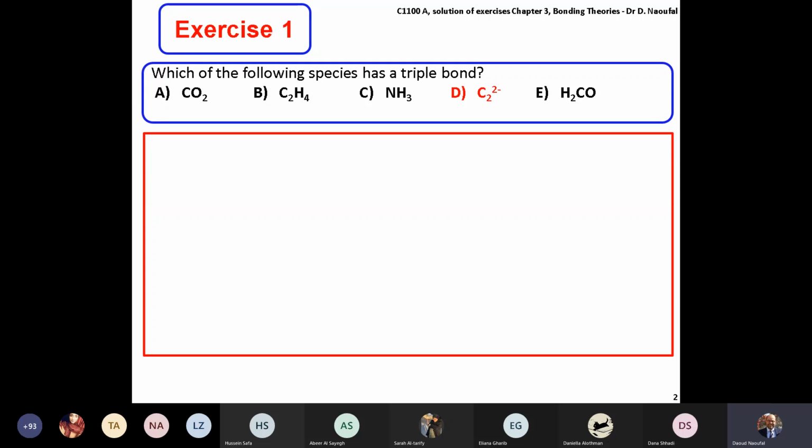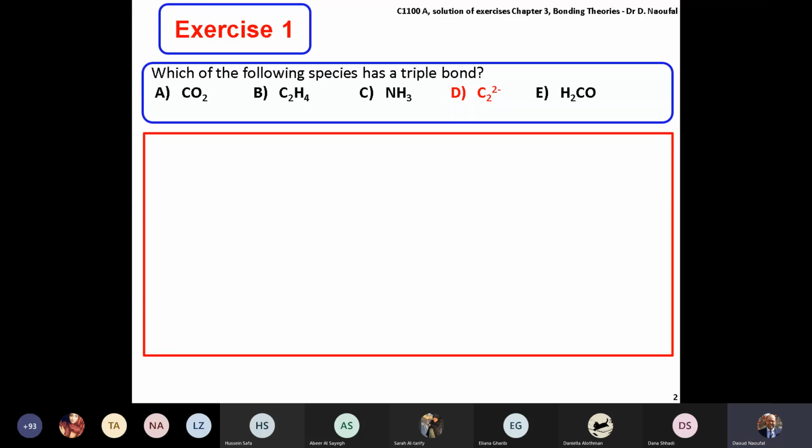And in other exercises, I will present a method to find directly the Lewis structure or the geometry without drawing. So now, in the first three exercises, I will follow the classical method to solve the exercise.